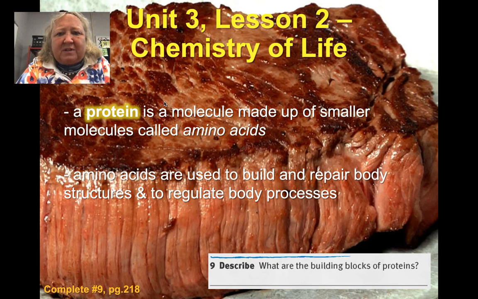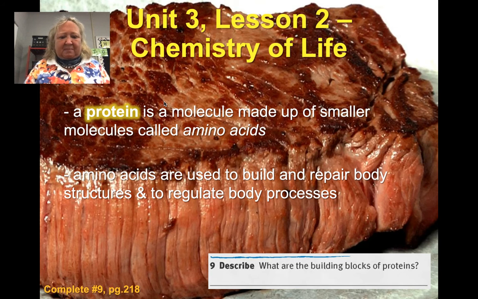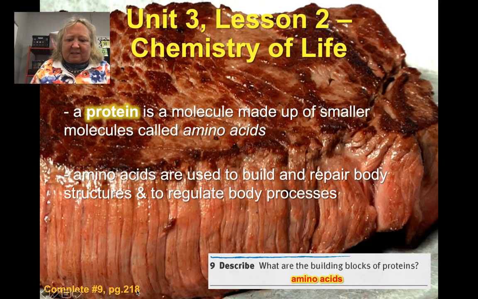So, for instance, an athlete after a big game or a marathon runner, a football player after a game, you need to build your cells back up. Proteins do that, and it also helps regulate body processes, all the things that our bodies do normally. And you'll be seeing this question a lot this lesson. Amino acids are called the building blocks of proteins.